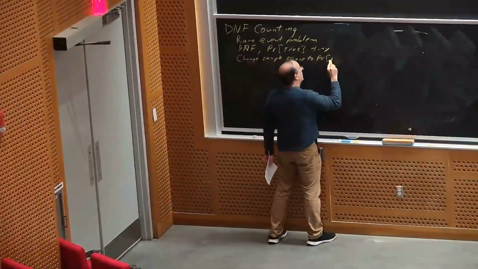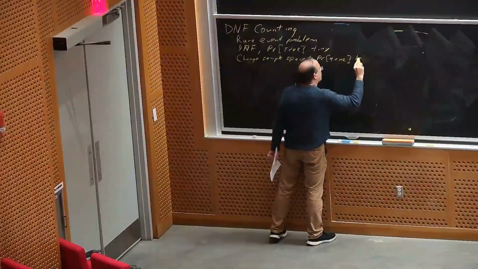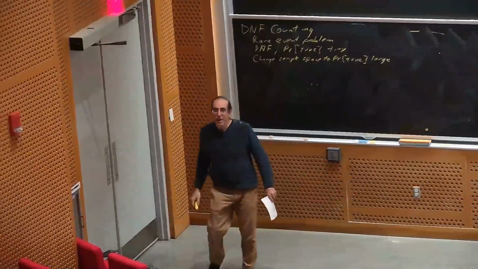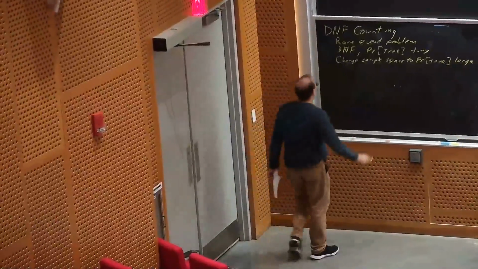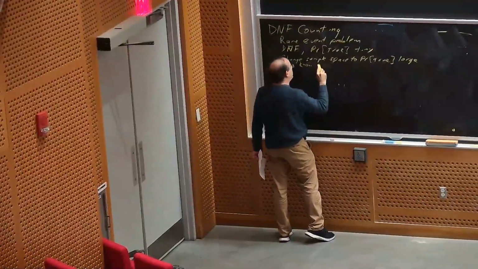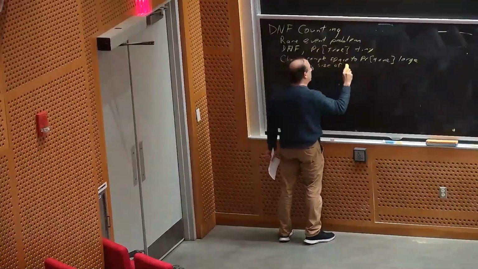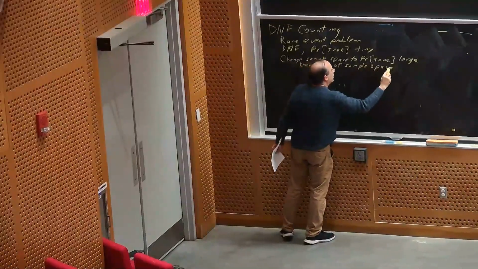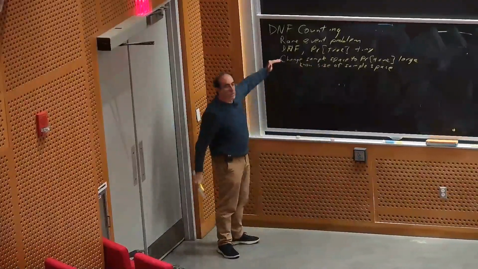So that the probability of truth is large, and also, we know the size of the sample space. And all we needed was these two things.